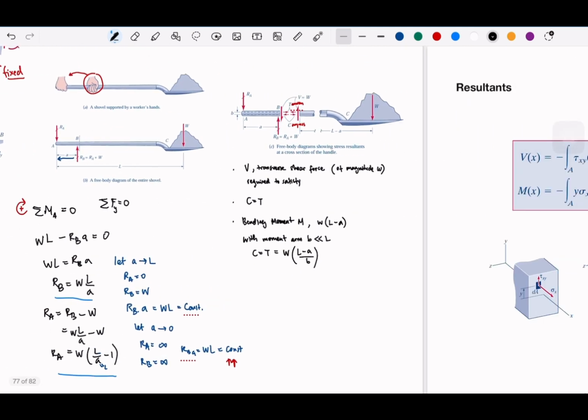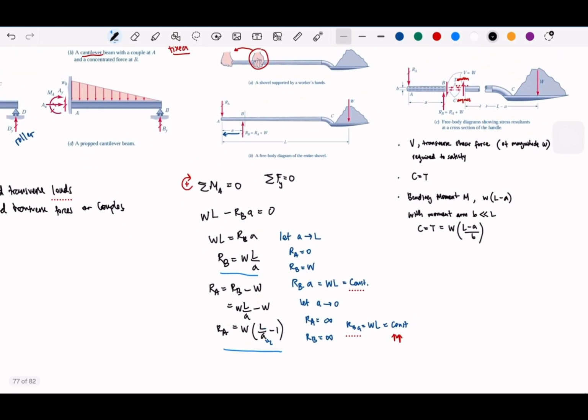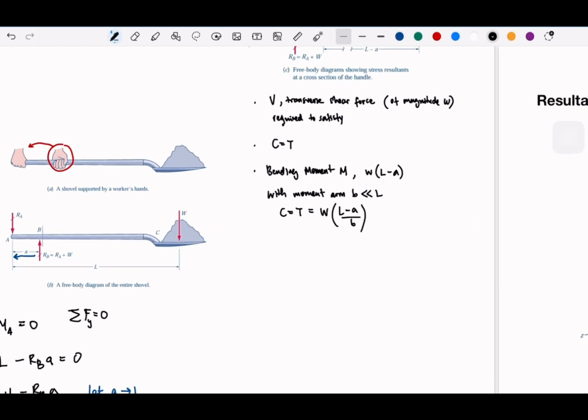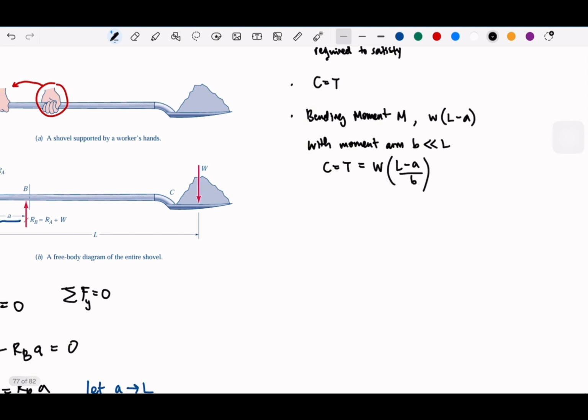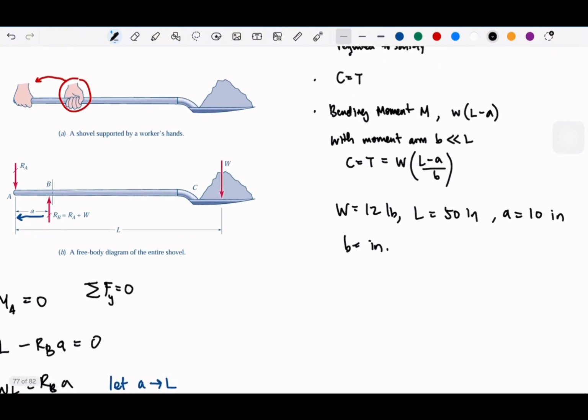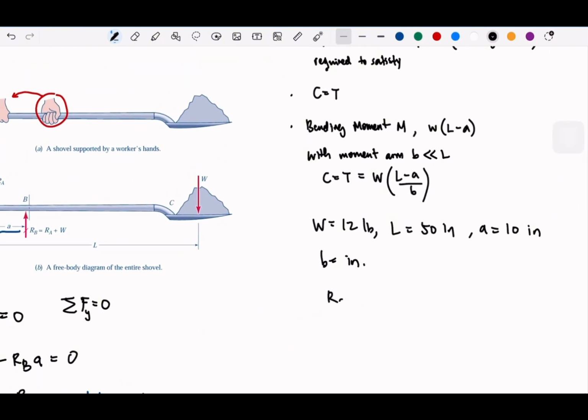Okay, if W is 12 pounds, L is 50 inches, A is 10 inches, and B is 1 inch, and we compute using the same equilibrium as the previous one, then the reaction force RA will be 48 pounds and reaction force RB is 60 pounds.